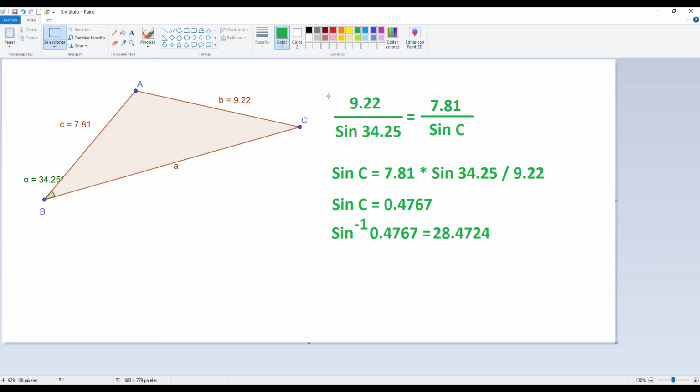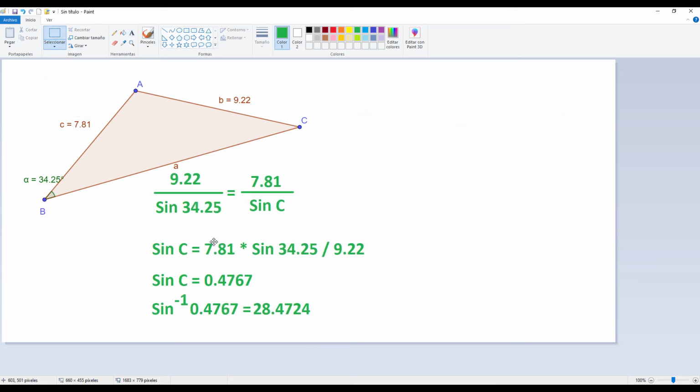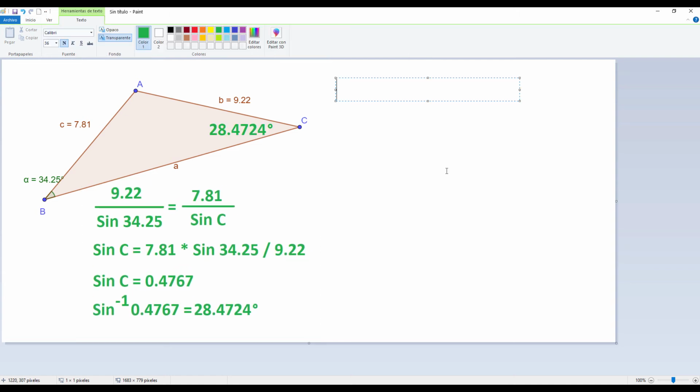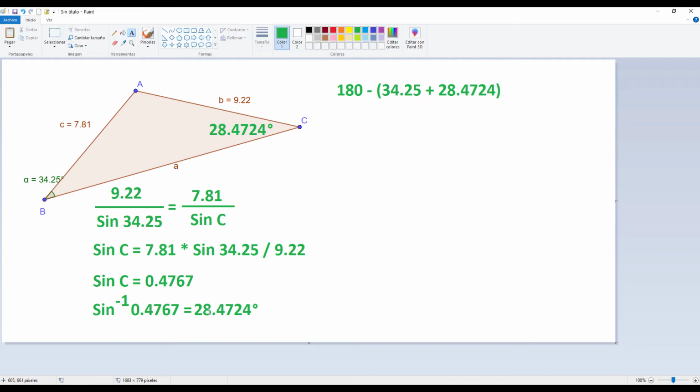Yeah, it's very easy. You only need to check that you have a triangle. You have 180 degrees inside, so you will subtract that. Yep.